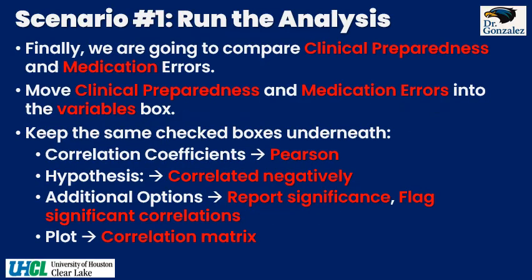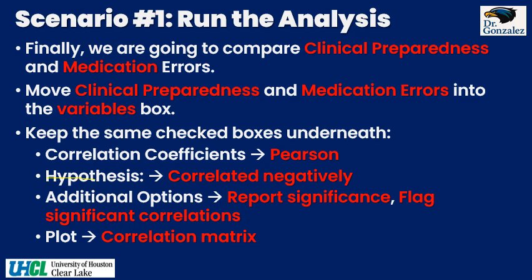All right, so clear out any variables you have in your variable box, and this time I want you to enter the variables clinical preparedness and medication errors. Okay, and I want you to keep everything checked underneath except for under hypothesis.